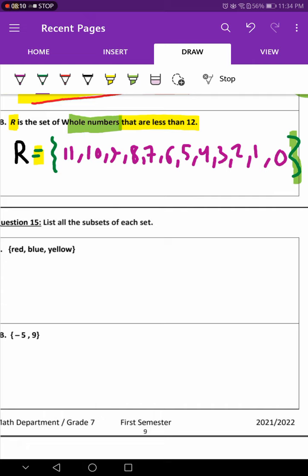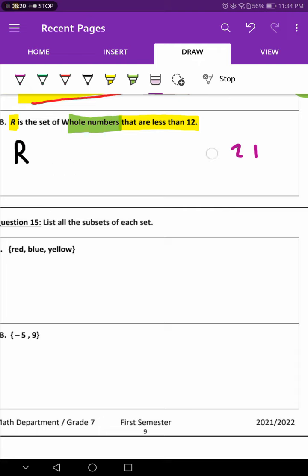Now I will write it in set builder notation. As we said, I will clear this and keep the R. For all the set builder notation, I draw like this: X, a vertical line, which I read as "where X is."